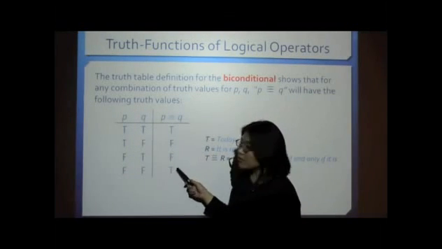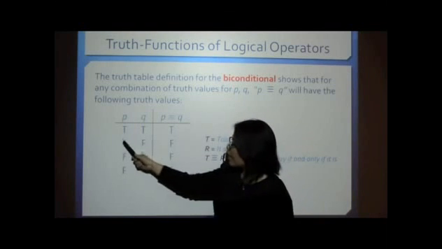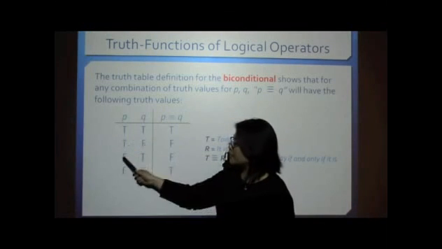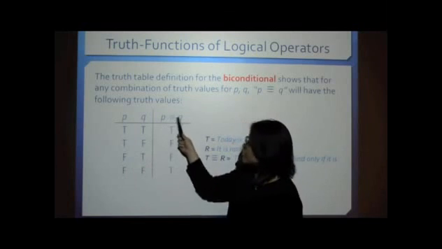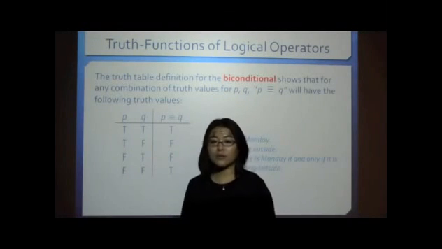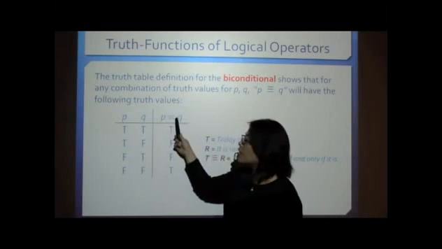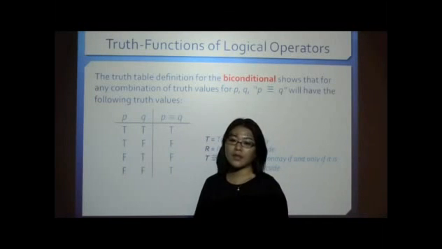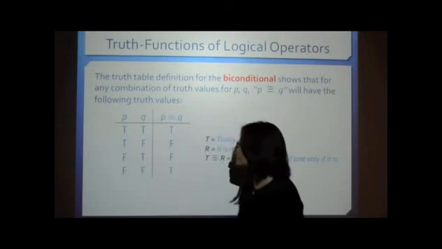And in all other cases, which is when they have opposite truth values, the biconditional will be false. So you can use that one rule to remember the truth function for the biconditional operator, which is the triple bar.